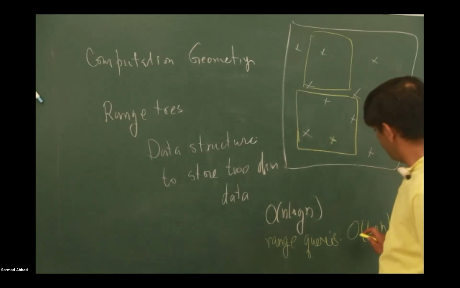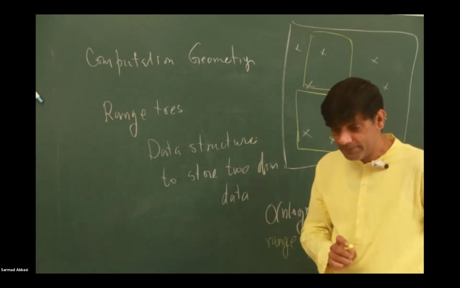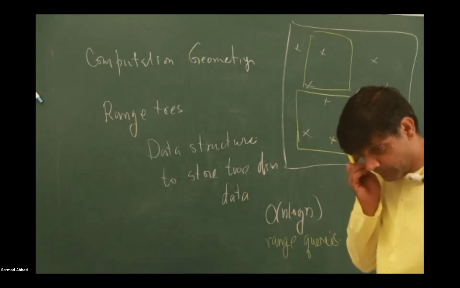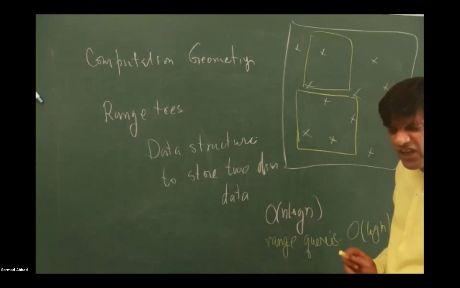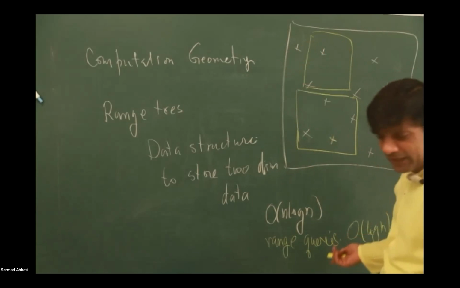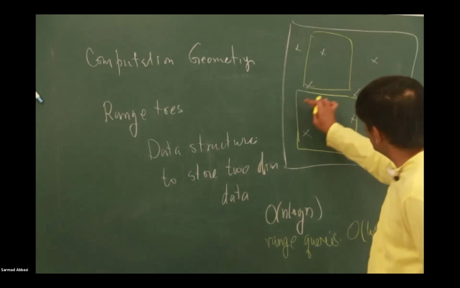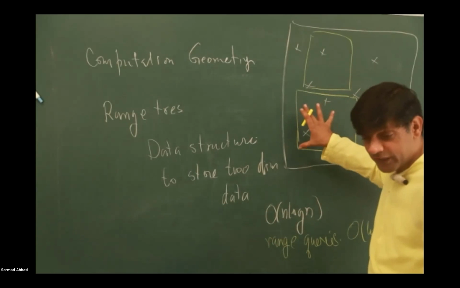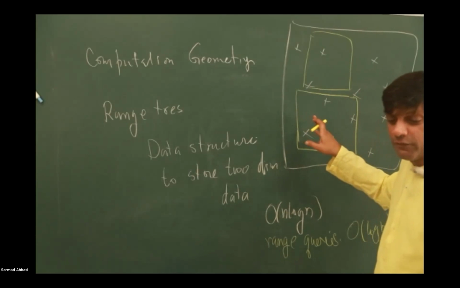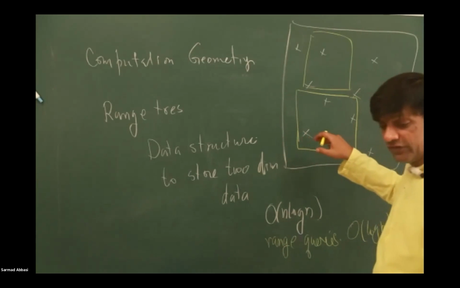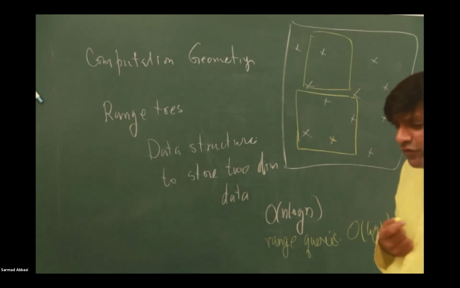No, n is the total number of particles, so it will stay constant, and it will return you the query in that much time. And actually, it can give you a summary of what is inside this range. For example, you can say which is the fastest particle, or what is the average speed, or whatever. So there are many range queries you can do.